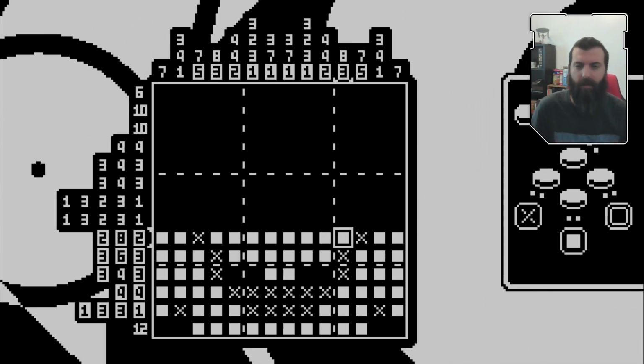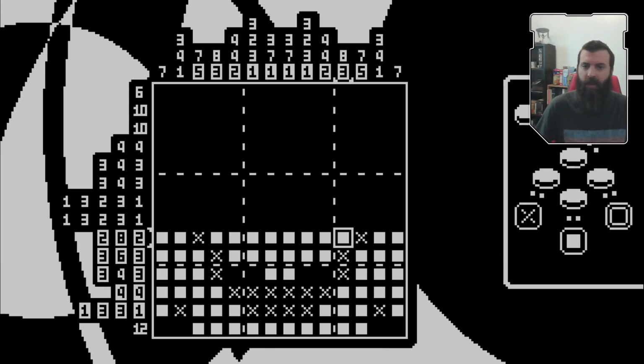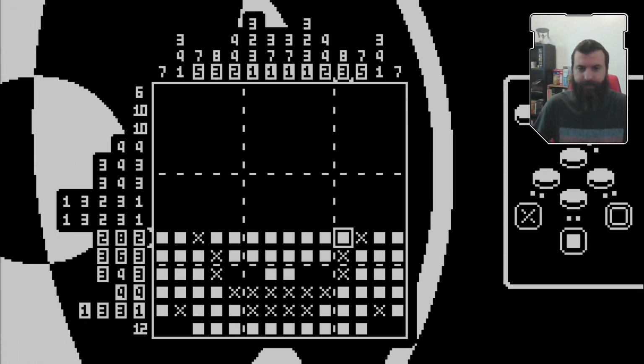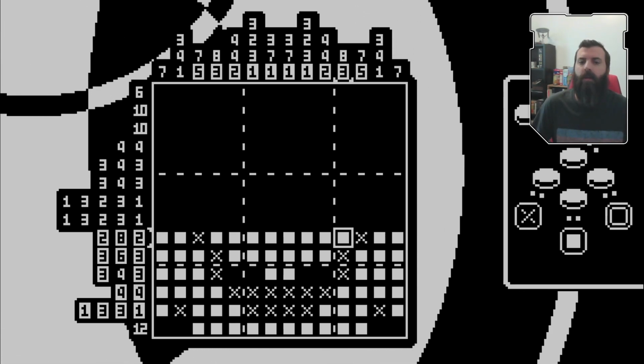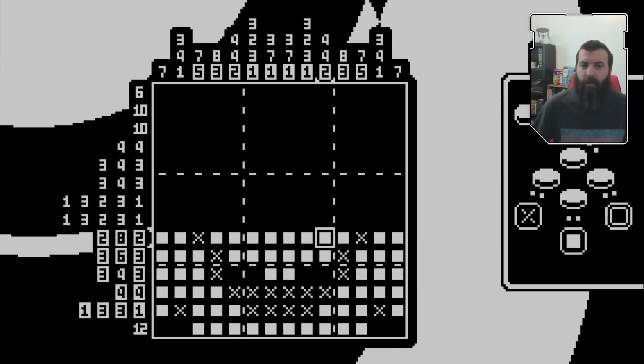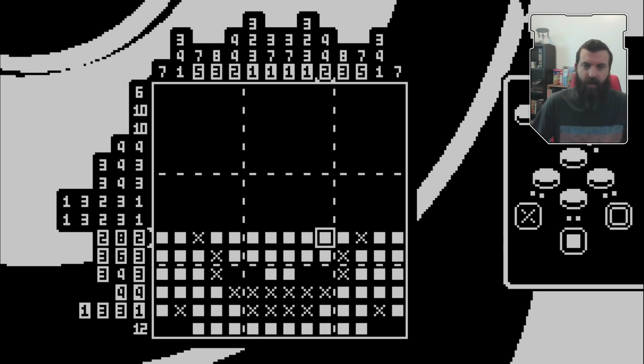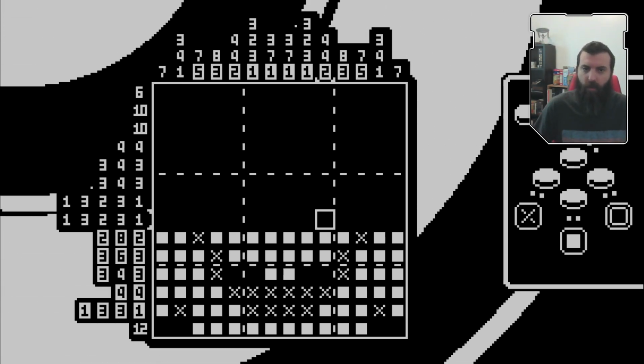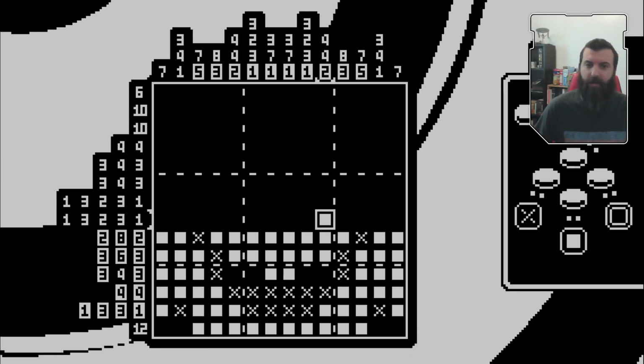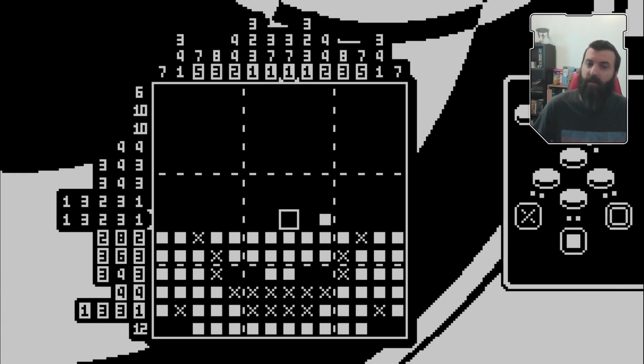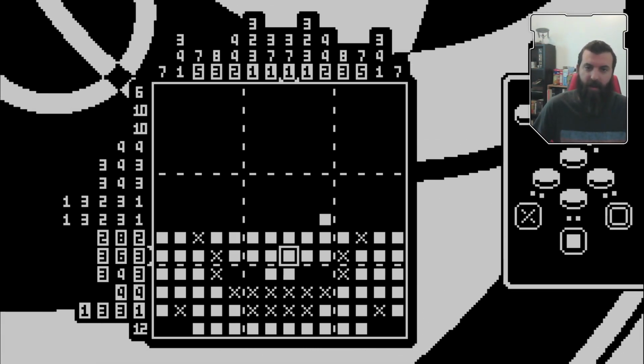Yeah, only one way for that row to be. With that in place, let's look vertically again. Okay, we've got a vertical 4 that we need. So this got a vertical 7. Let's go ahead and put that in.